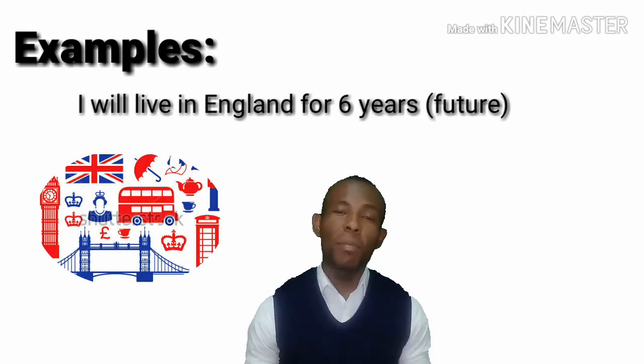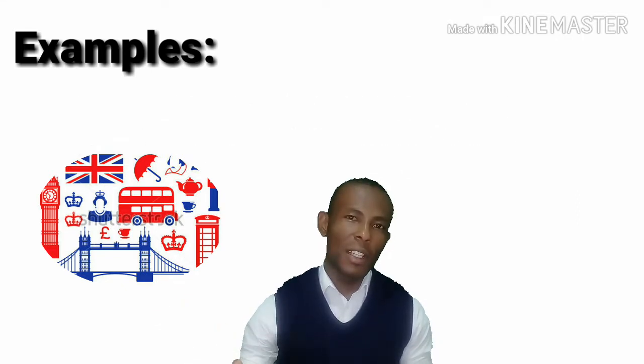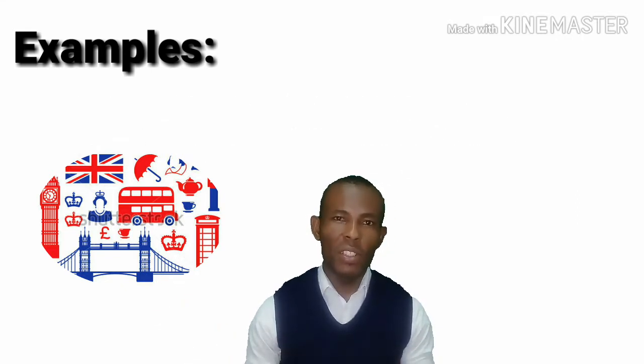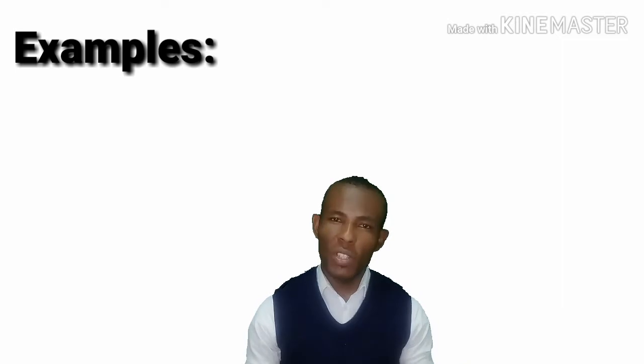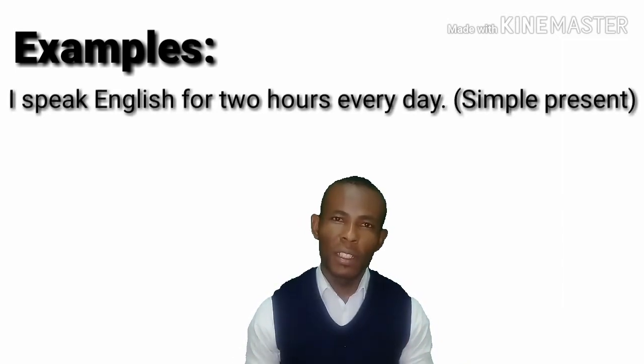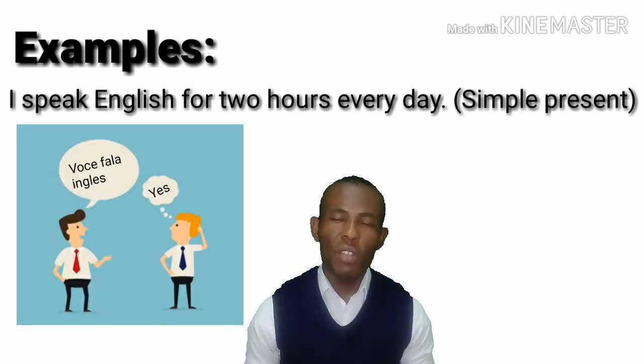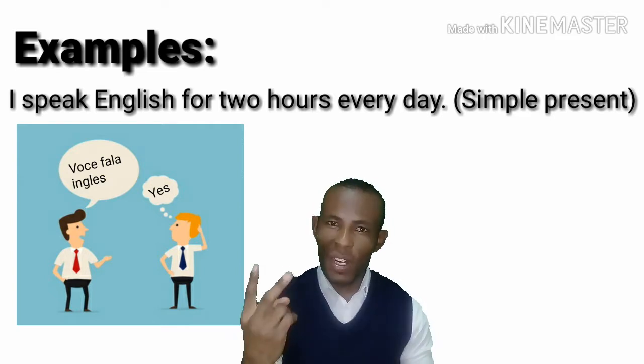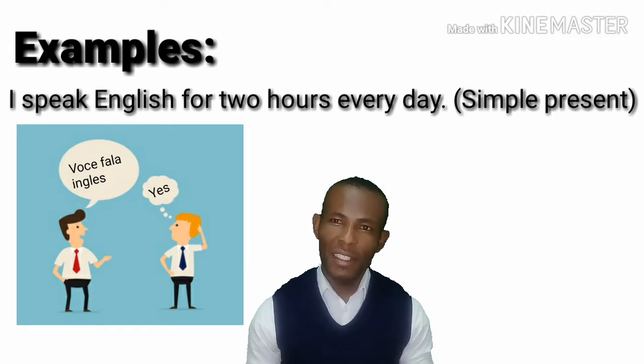I'm talking about my plans for the future. I have plans to live in London for a period of time, which is 6 years. Example number 2. I speak English for 2 hours every day. This is about my English speaking habit, which I do for 2 hours every day.